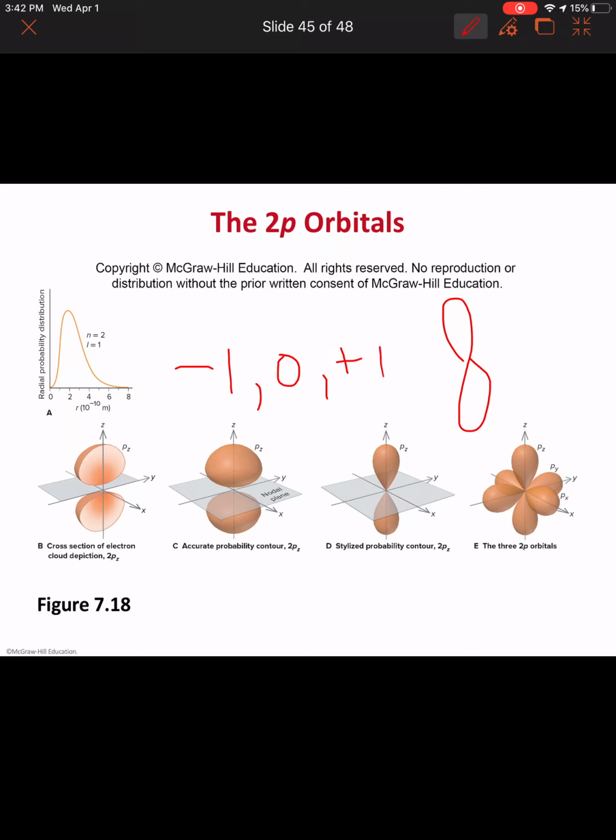Remember, we talked about there are 3 possible ML values. So those are the 3 orientations. So it can be along the px axis, py axis, or pz. So it could be this is your minus 1, this is your 0, and this is your plus 1 orientation.